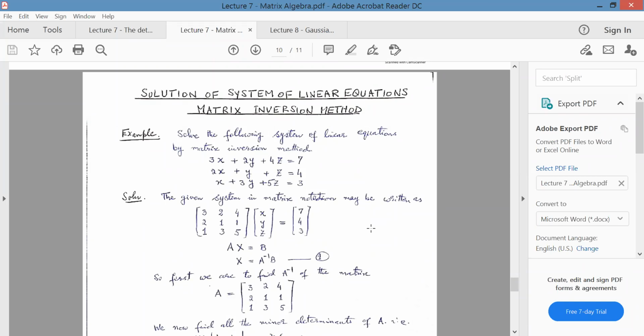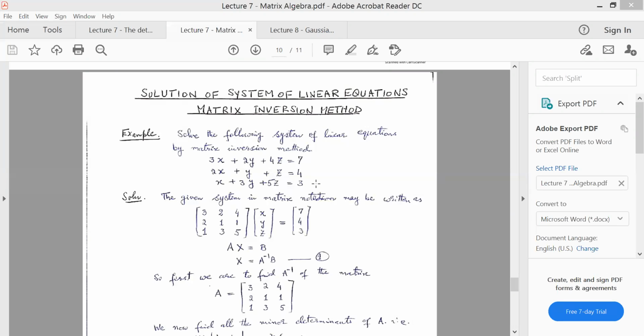Solution of system of linear equations, and the method you are using, that is the matrix inversion method. The question is, solve the following system of linear equations by matrix inversion method. And here is your system.